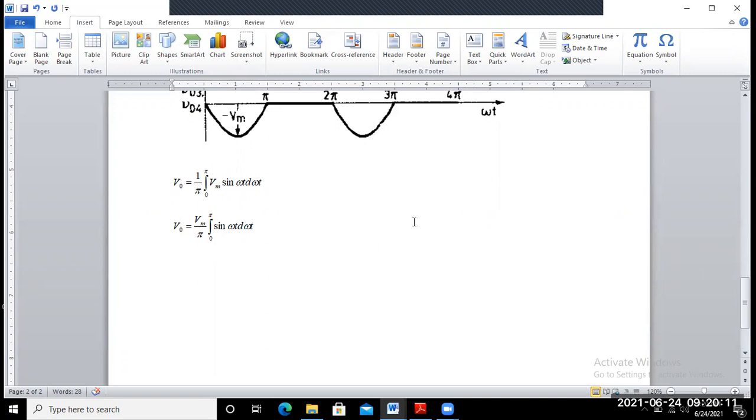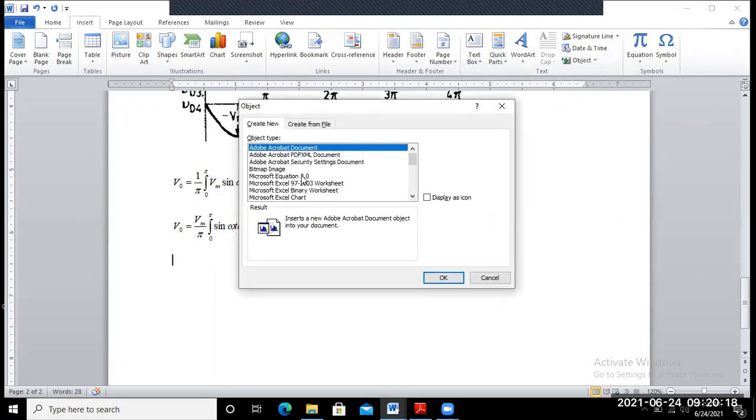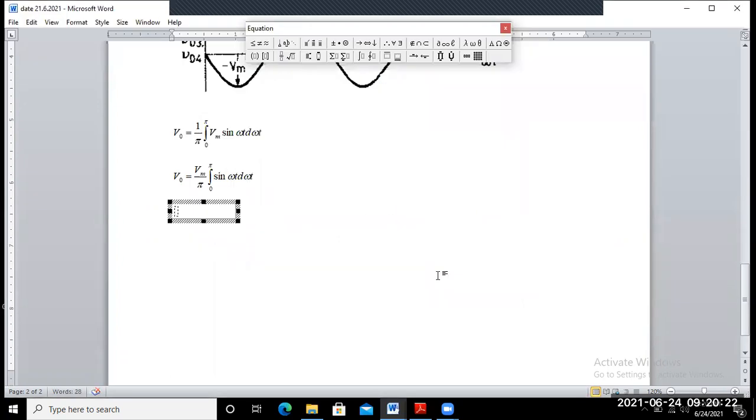So V average, the average value represented by V0, is equal to how much?